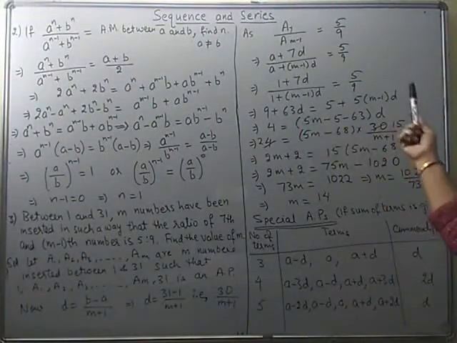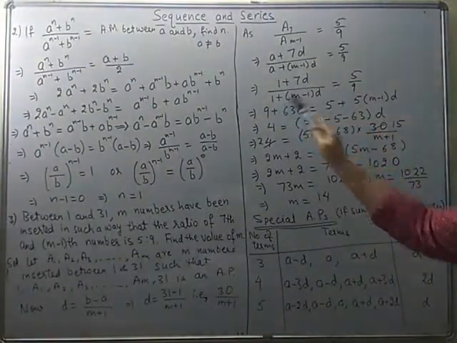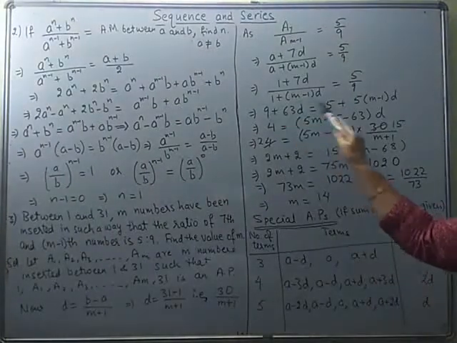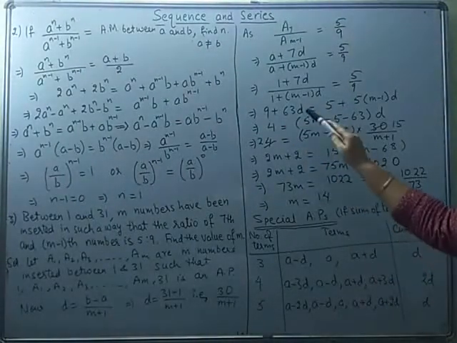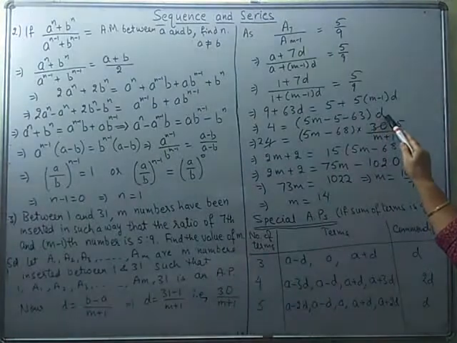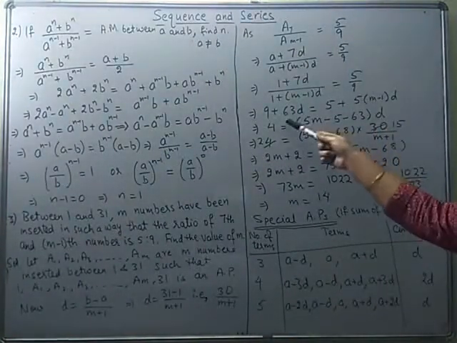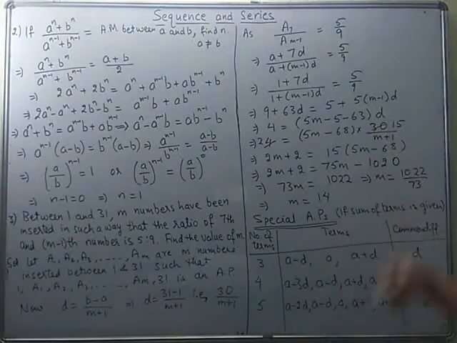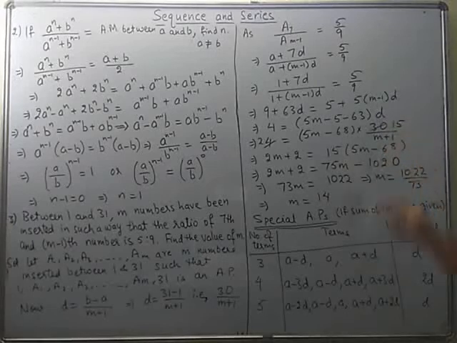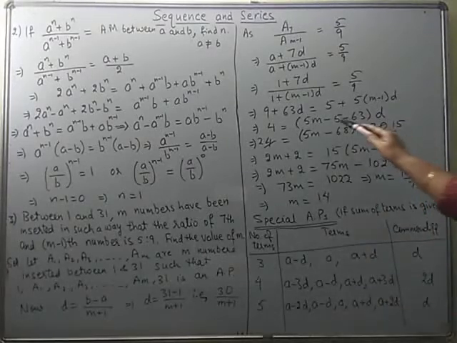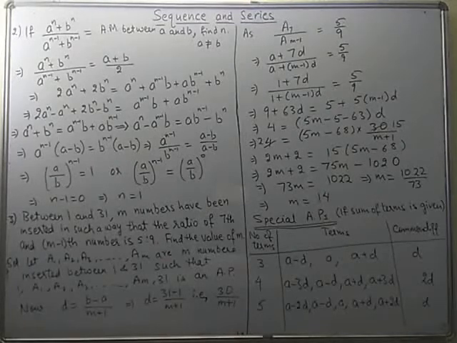So shift 63d to the right and 5 to the left. 9 minus 5 comes out to be 4. Among these two terms you can take d common. So this is 5m minus 5, and on shifting 63 to the right, it is minus 63, so this whole times d. Minus 5 and minus 63 will reduce to minus 68.